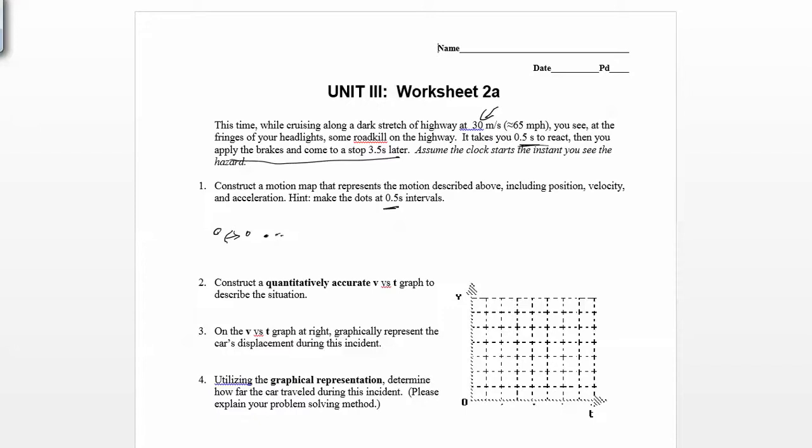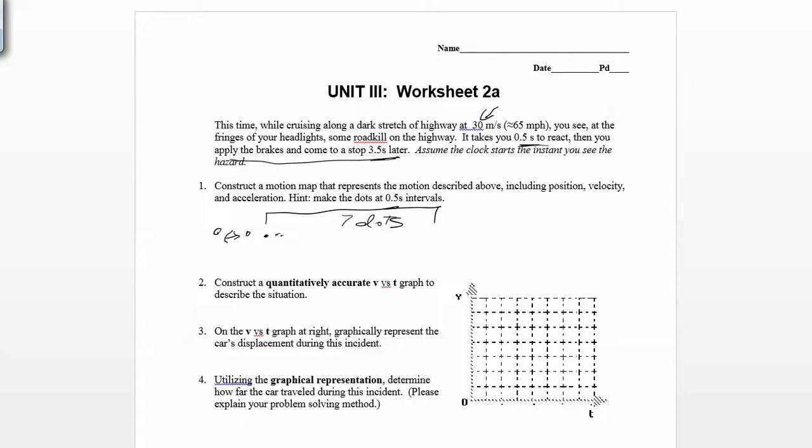We're stopping 3.5 seconds later, so I'm going to need 7 dots here. And the distances between them are going to get smaller. Then we need to understand which direction we're going, and you should be able to get the arrows on those.